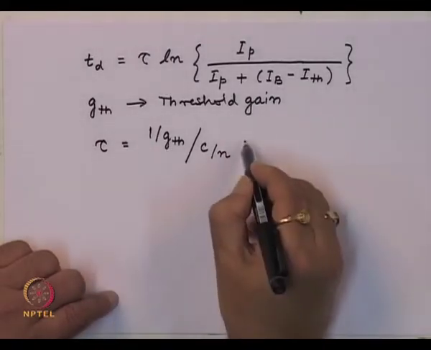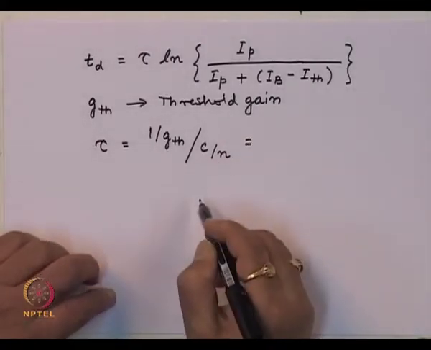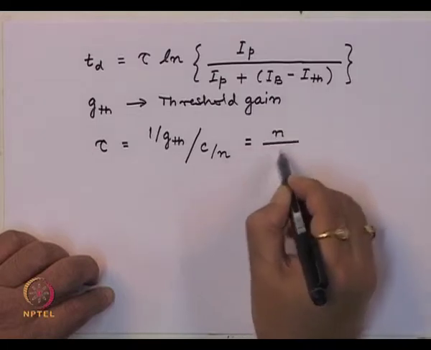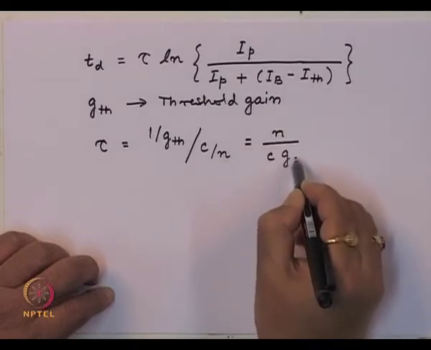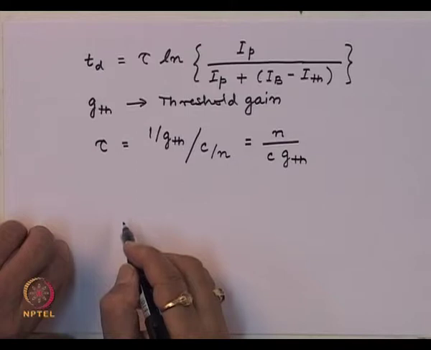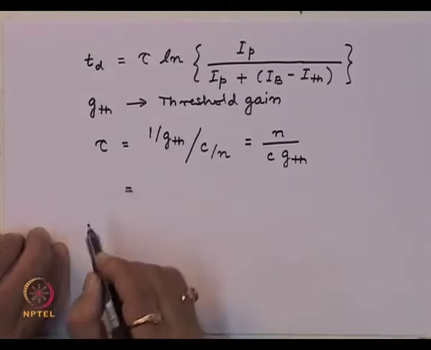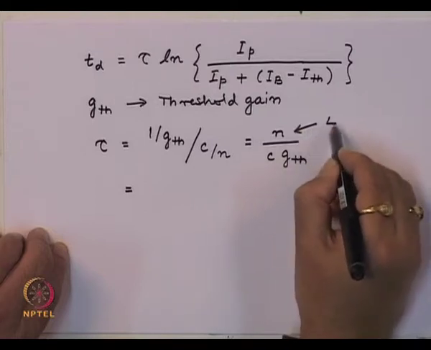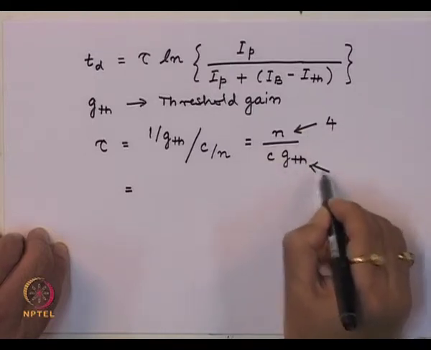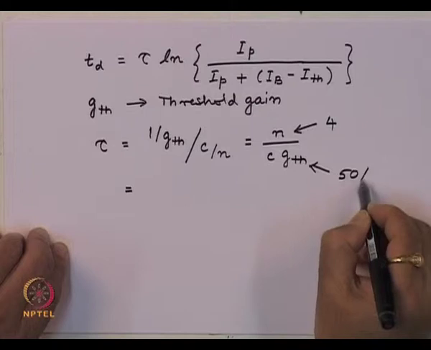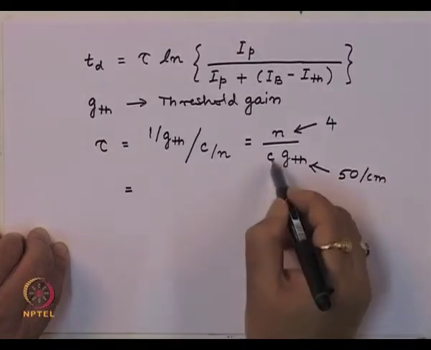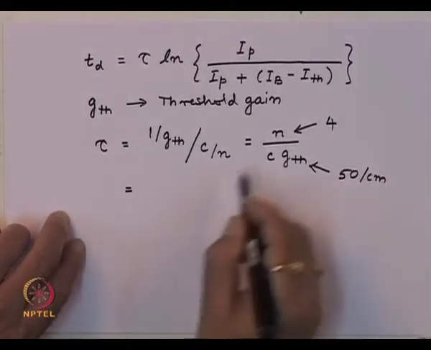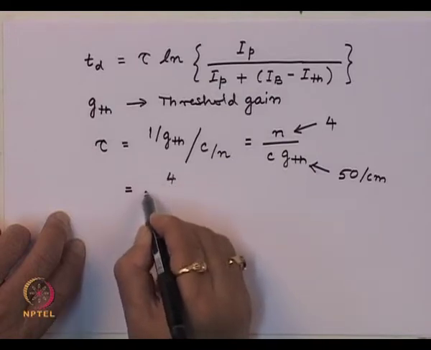Now, G T h is given, n is given for this problem. So, this is n divided by c G T h. We can substitute the parameters given in this problem. The refractive index n is 4, the G T h is given as 50 per centimeter, c is the velocity of light. So, we substitute these quantities in the expression.